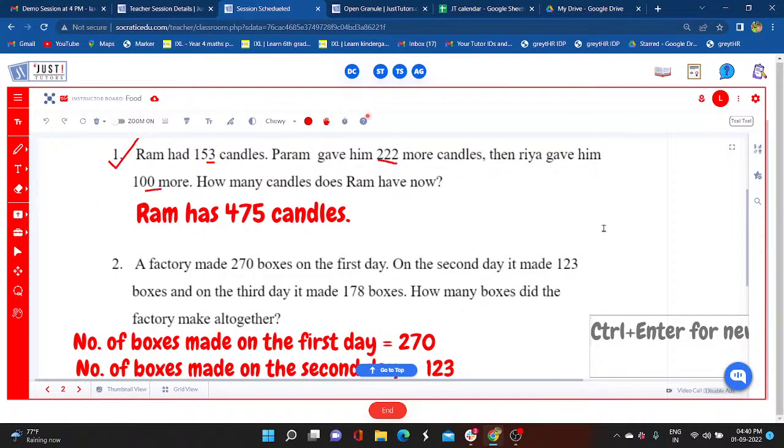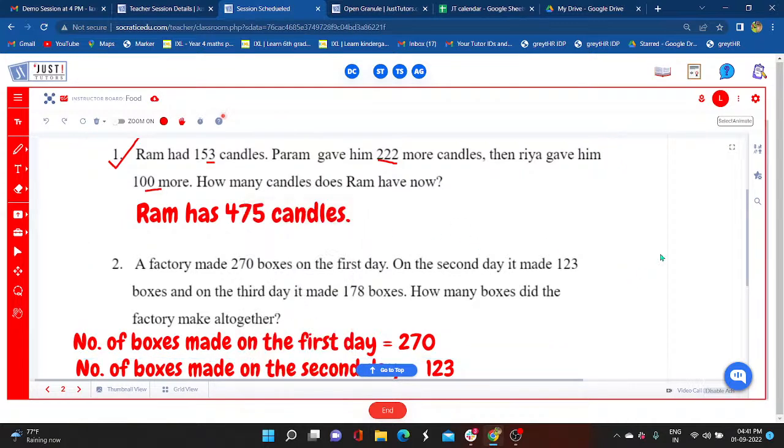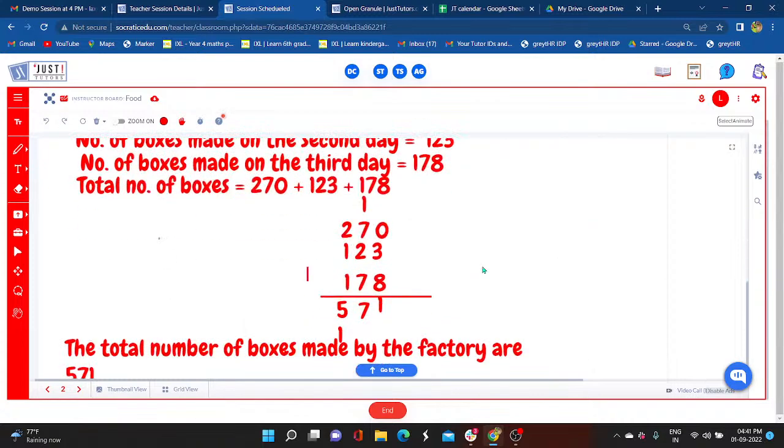So this was the question where we tried adding using the statement based word problem. Now let's give a try to a few practice questions.